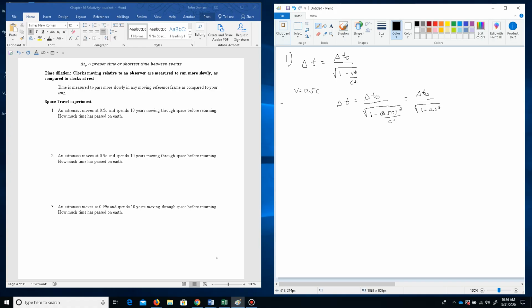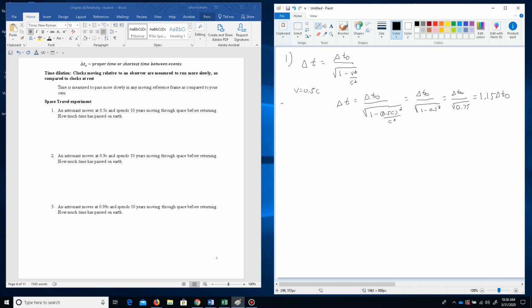The c squares cancel, and you get delta t sub 0 over the square root of 0.75. So 1 divided by the square root of 0.75 equals roughly 1.15 times delta t sub 0.